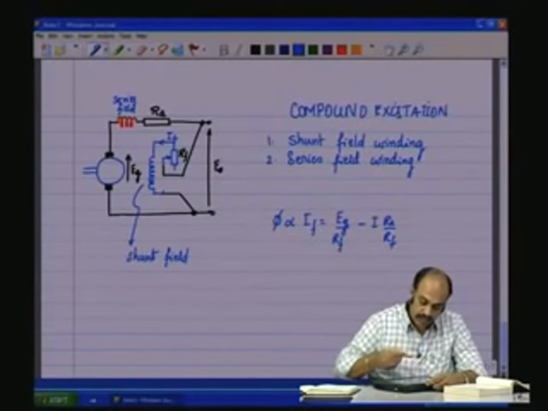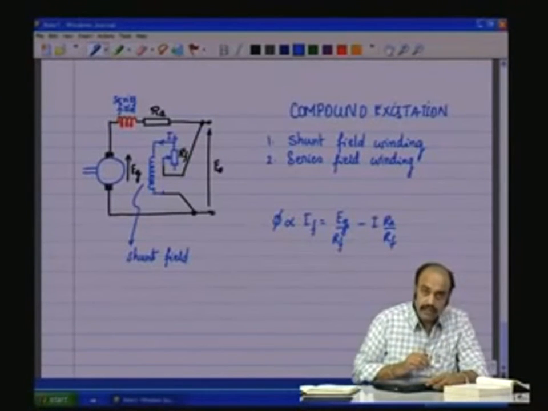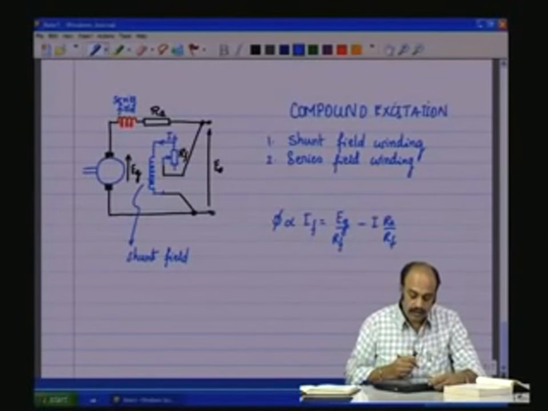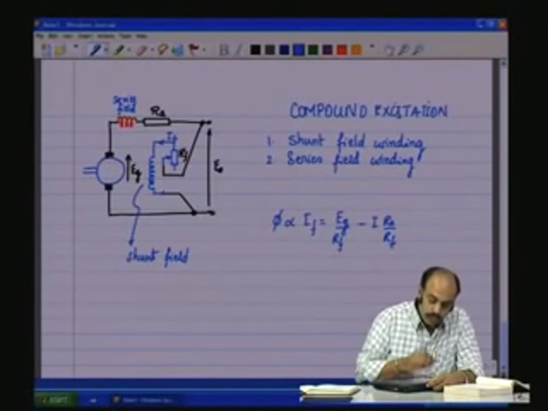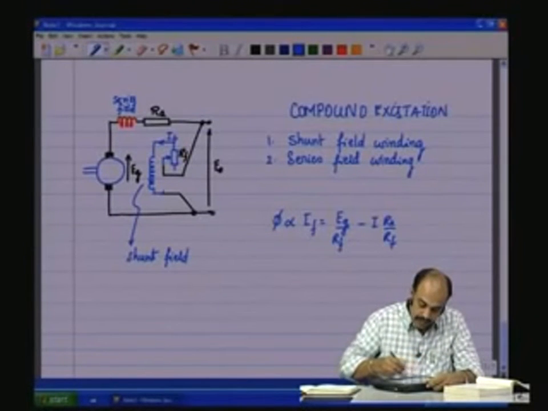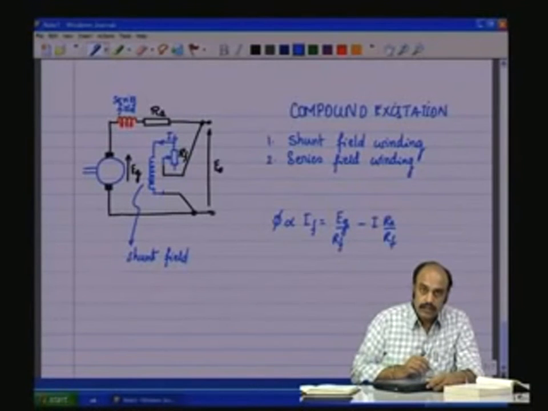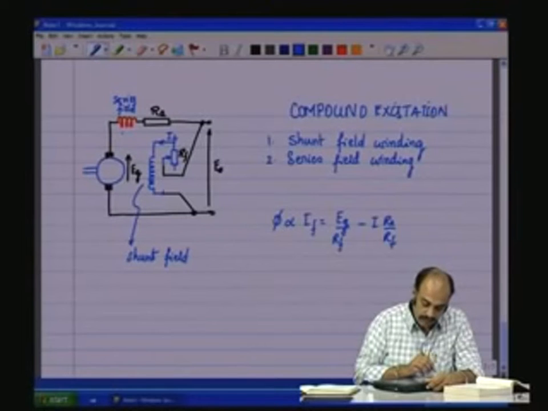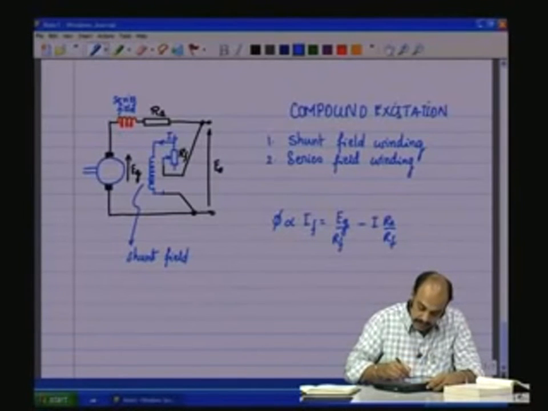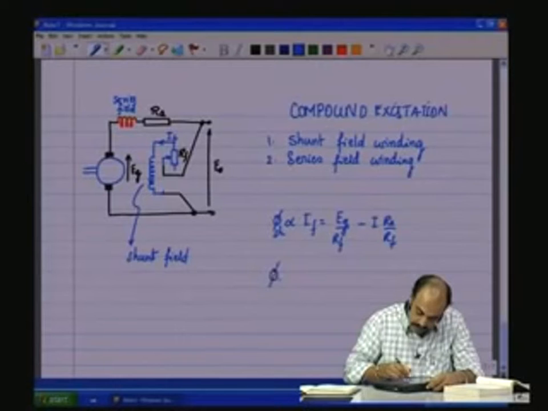Now, there is going to be also another flux provided within the machine due to the series field, and that is proportional to the armature current I itself. So, the series field, this is the shunt field, and let us say the series field will be proportional to load current itself.